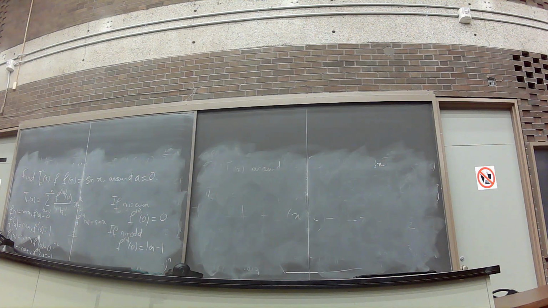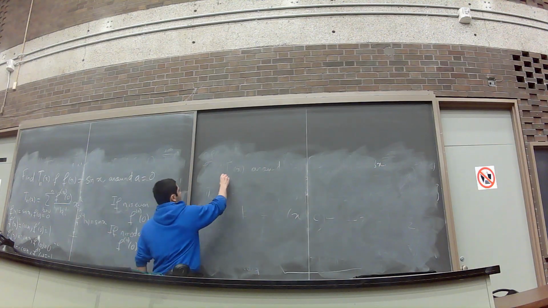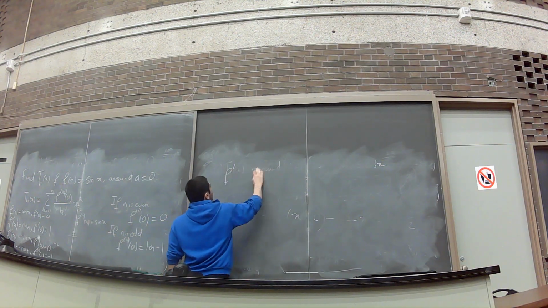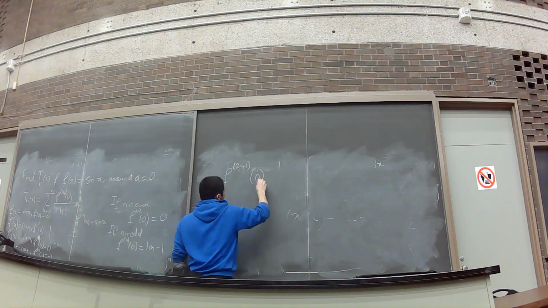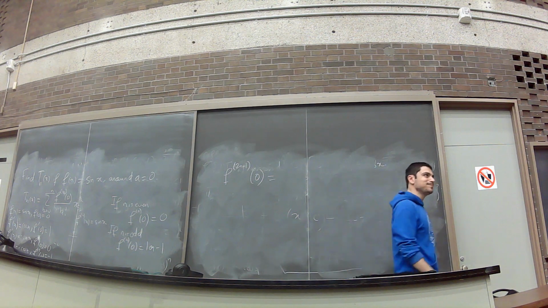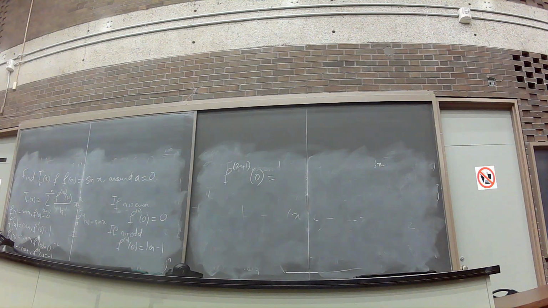What is f3 of 0? It's minus 1. So, let me do it this way. This may be easier. What's this? This is easier, right? 2n plus 1 is an odd term. Okay, this is easier.